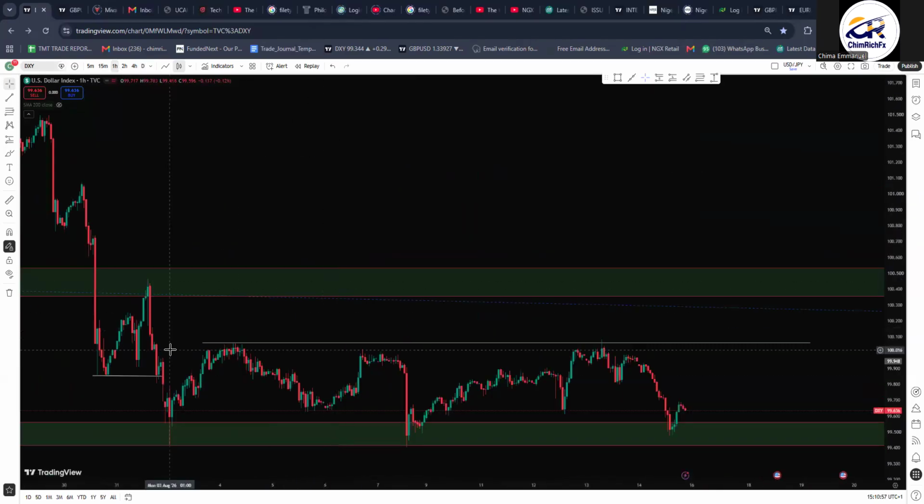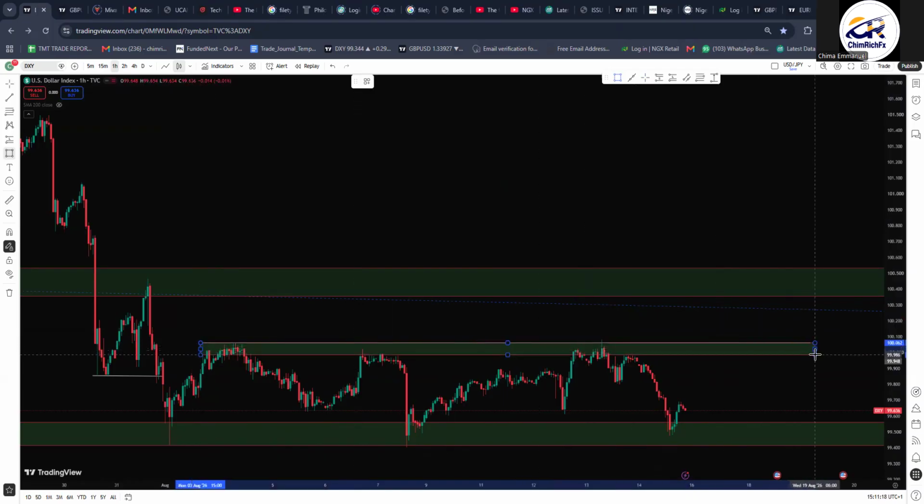So we can see that this was the last low I was taking. Price has been bouncing off this, 1, 2, 3. This is the third time. I also see price bouncing off this point too. So this is a very good area of confluence to watch out for.